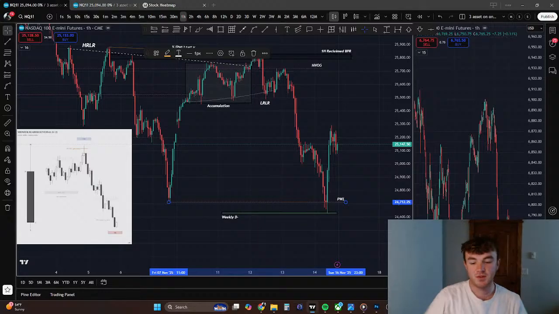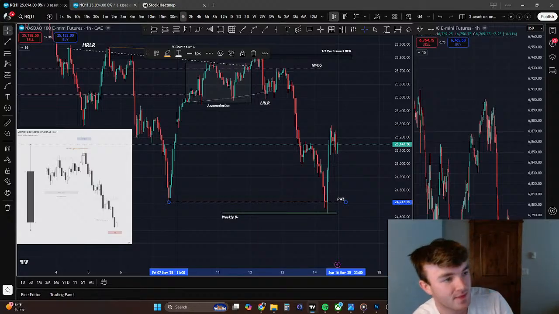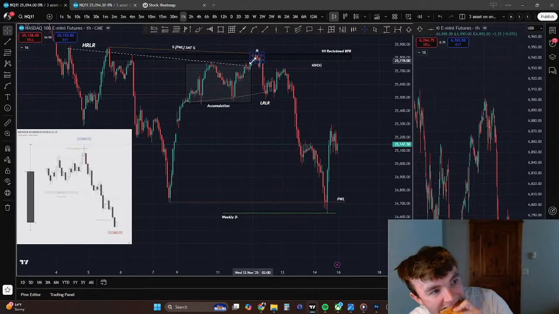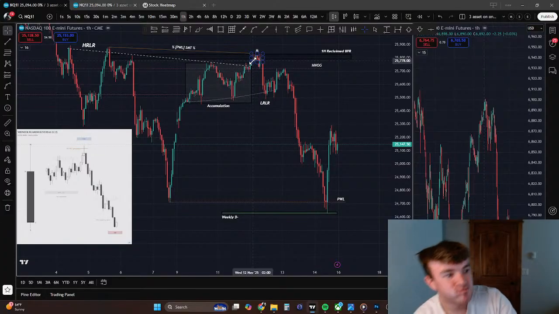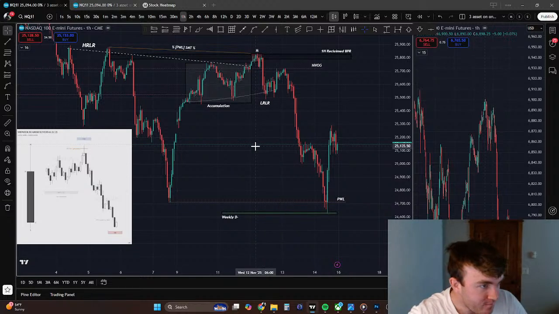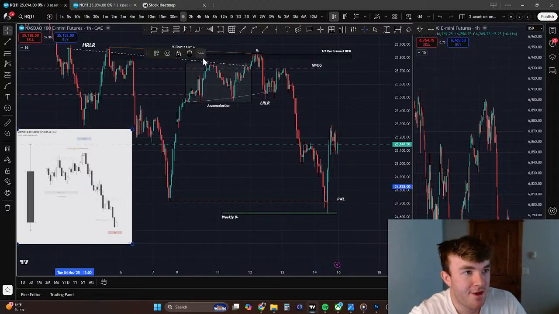So let's say you are the goat of trading and you're going to be a sniper and identify that this is manipulation right here. And then you're going to take a low time frame trade within this 1 hour reclaimed BPR to target previous week's low. So let's say you went ahead and did that.